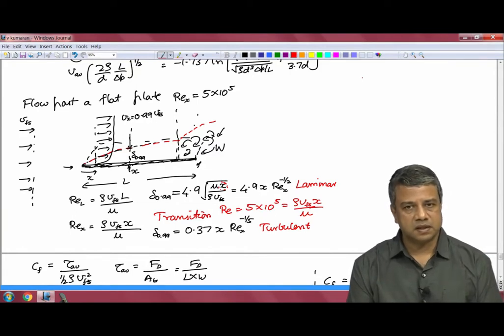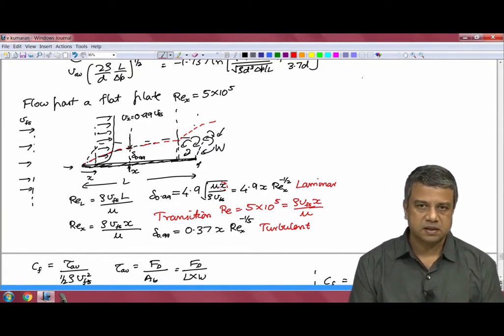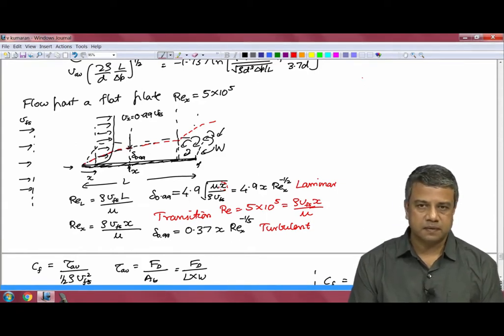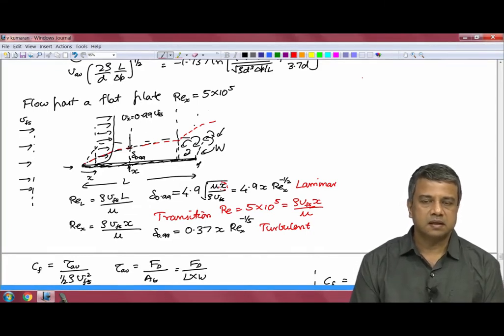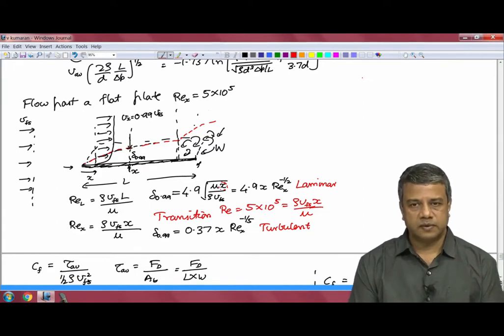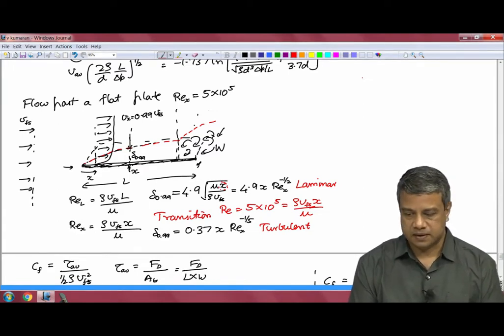Therefore, the fluid is retarded by the stress or the force exerted by the fluid on the surface, and the effect of the plate, the distance to which the flow is retarded due to the presence of the plate, increases with downstream distance as momentum diffuses further and further away from the plate.